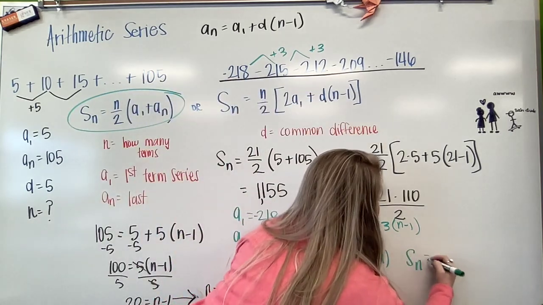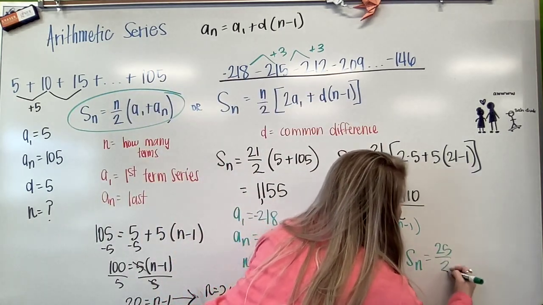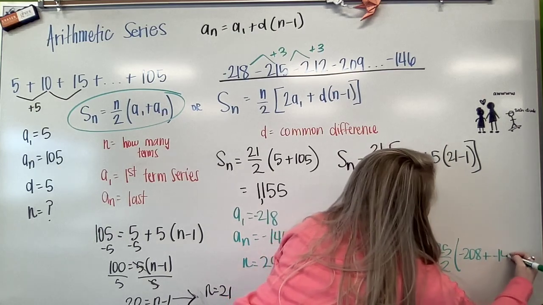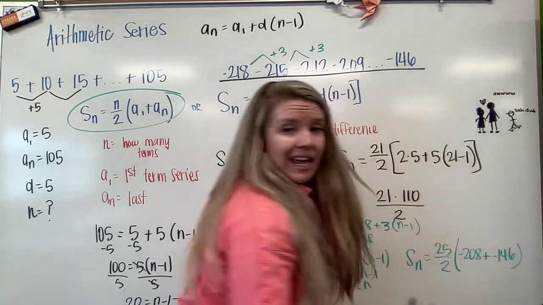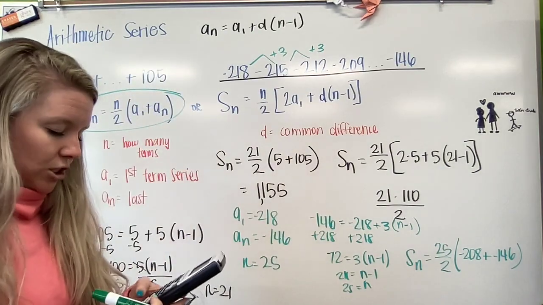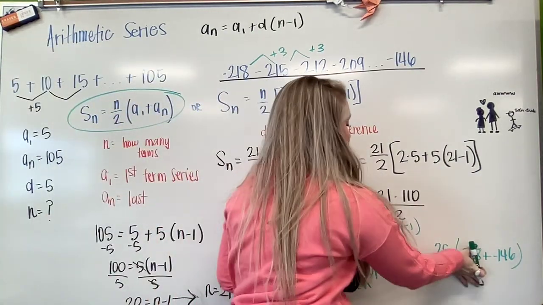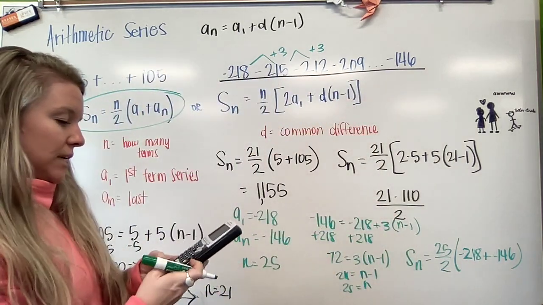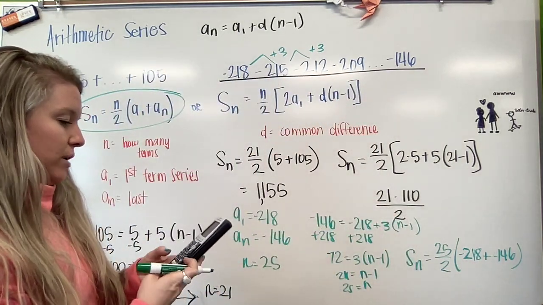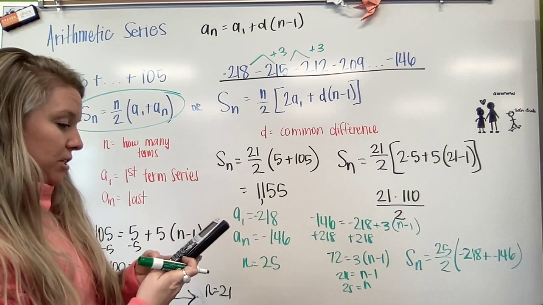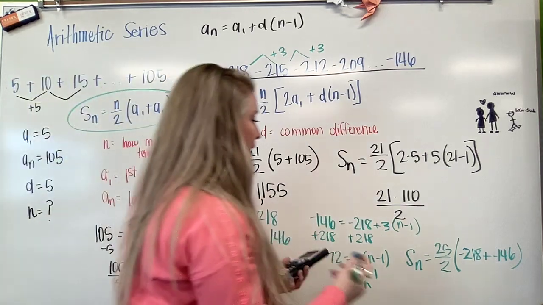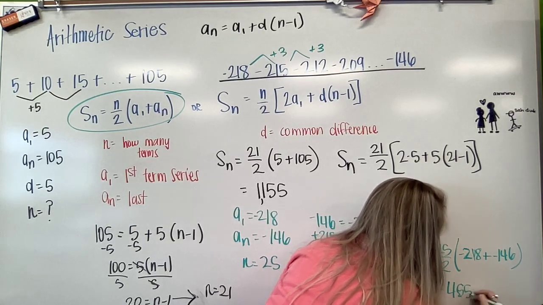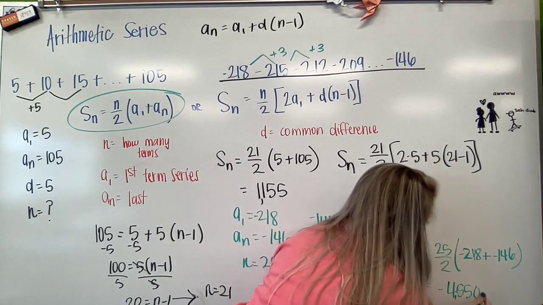So my sum is going to be 25 over 2, my first term plus my last term, plus the negative, or you could just subtract it. It's going to get you that same answer. That's 218, not 208. So negative 218 minus 146, divide that by 2, times it by 25, and that total is negative 4,550.